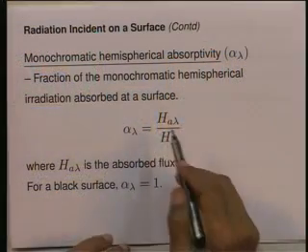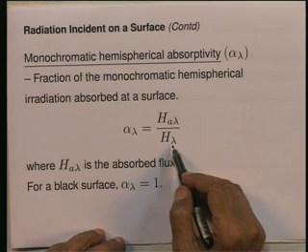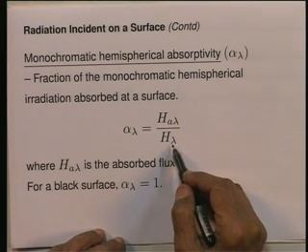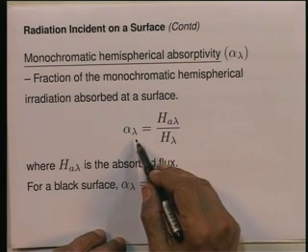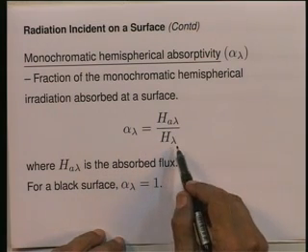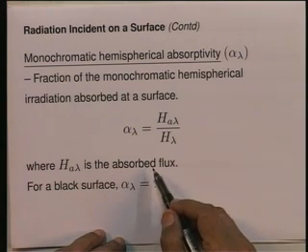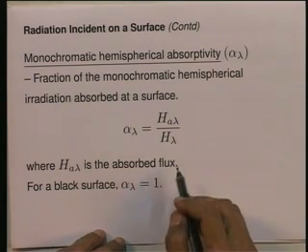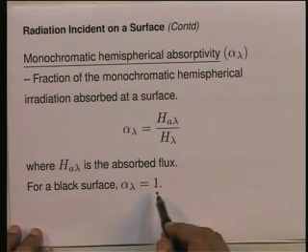The ratio H A lambda by H lambda is the fraction that is absorbed of the monochromatic hemispherical irradiation, and we will denote that by the symbol alpha lambda. So, alpha lambda is H A lambda upon H lambda. H A lambda is the absorbed monochromatic hemispherical irradiation. Obviously, again for a black surface alpha lambda is equal to 1.